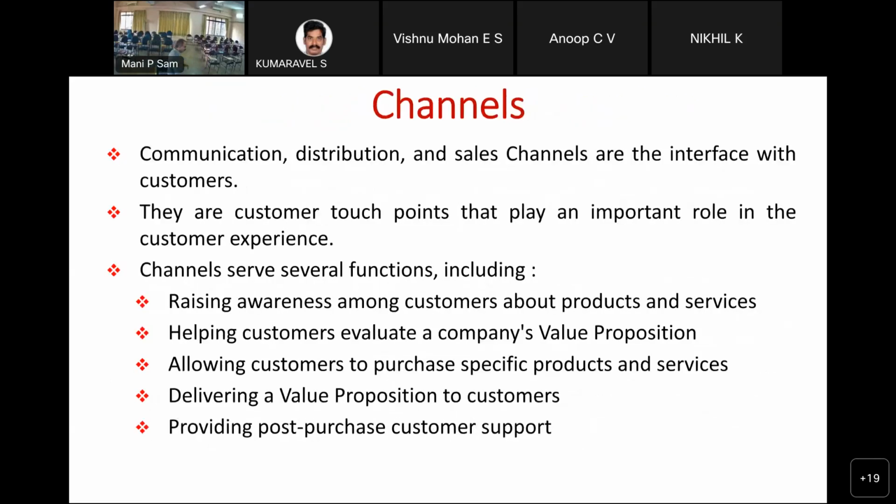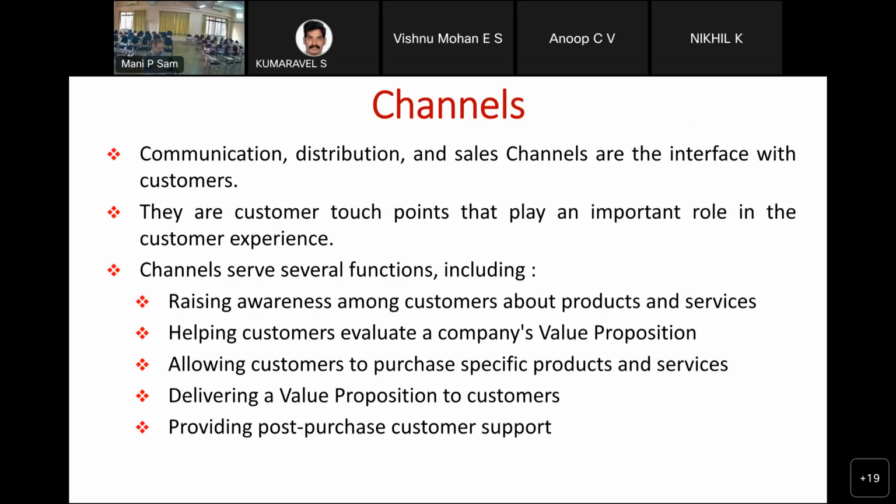Then, how do you reach your customer? You have a value proposition, but you do not have one customer and you are not the only person. It's not a one-to-one way of doing things. You really need to have sales, distribution, communication, all kinds of channels to interface with your customer.